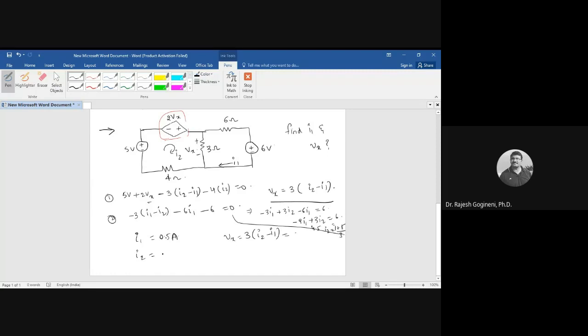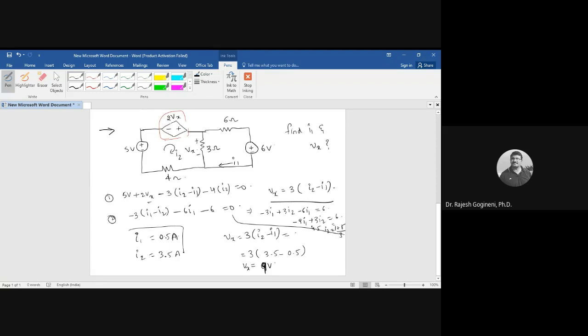I2 is 3.5 amperes. So Vx is 3 into (I2 minus I1), 3.5 minus 0.5, so 3 into 3, 9 volts. Right? So Vx is 9 volts, right?